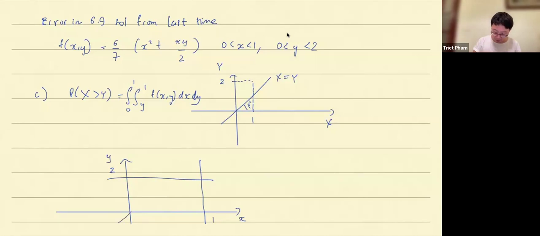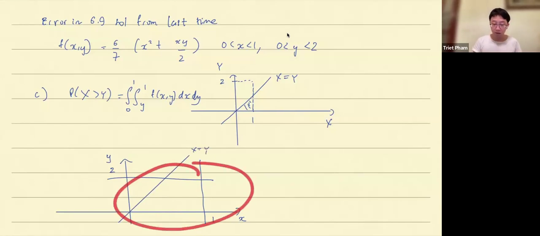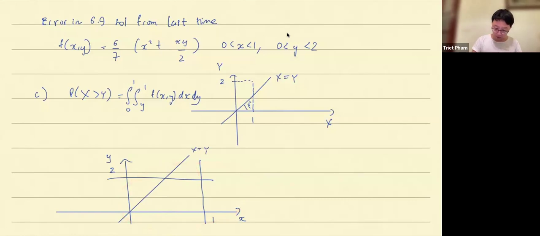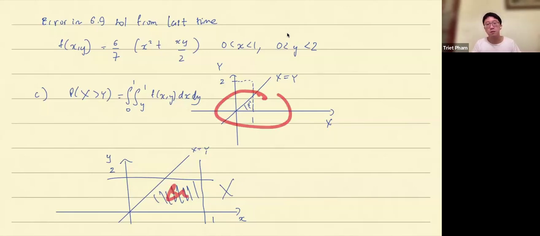And so I believe when I drew the line x equals y, it results in this region or this shape. The reason why is because I think I remember asking if we should do this dx dy or dy dx. Okay? And the point is that this is incorrect, right? As a region, because the actual shape is this.